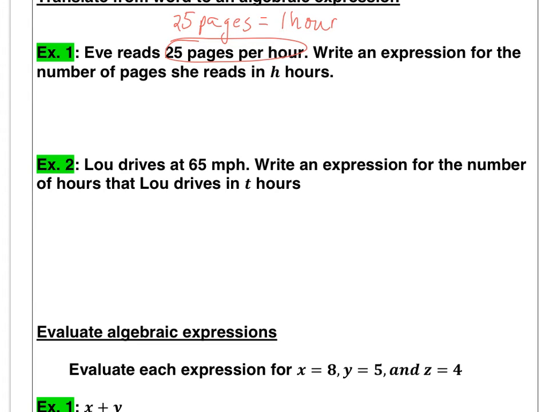So to kind of figure out what your expression is and whether we're using addition, subtraction, multiplication, or division, it might be helpful to put a table together. So this is going to be my number of hours, and this is going to be pages.